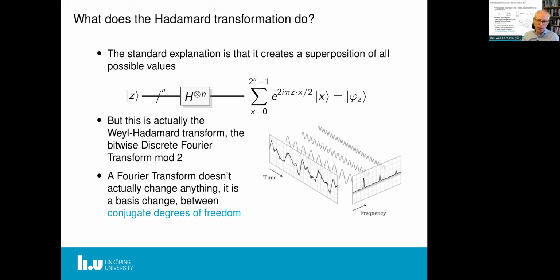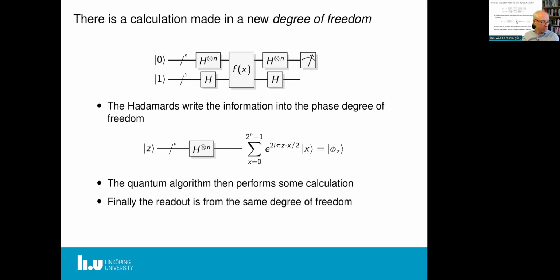What you really do is write information in the canonically conjugate degree of freedom to the one that you're used to looking at. So the central point here is that the function contains a calculation made also in this new degree of freedom, the phase degree of freedom.